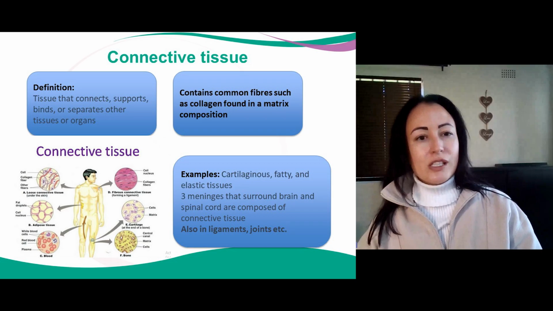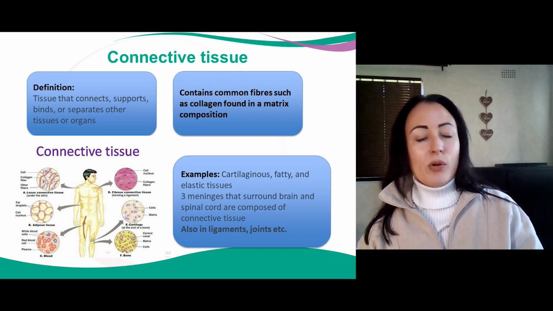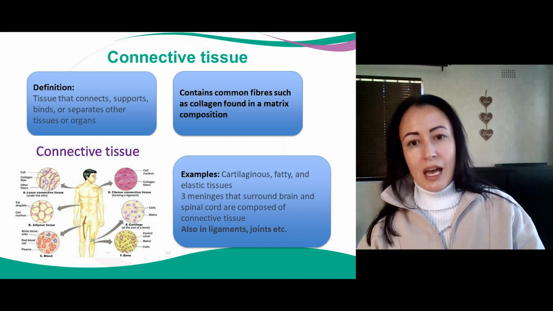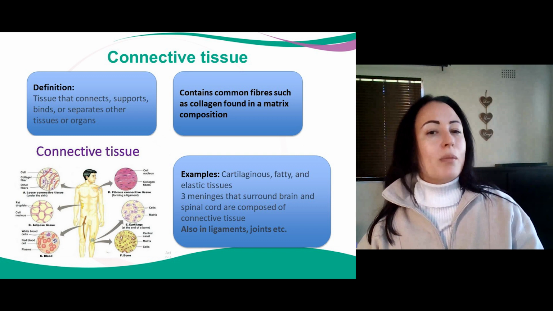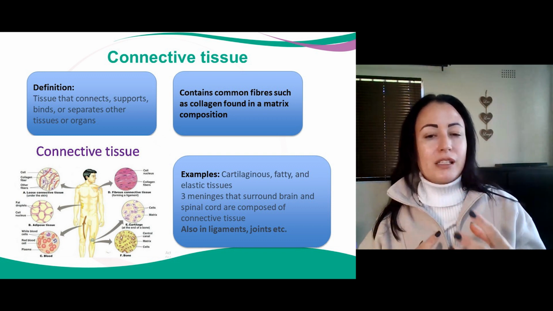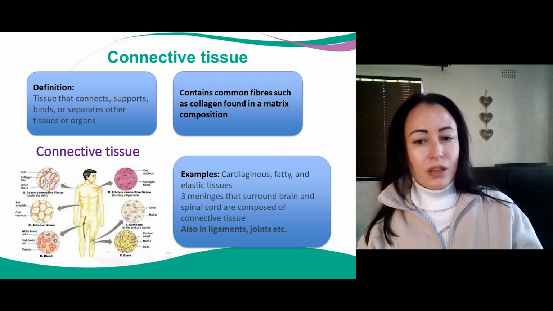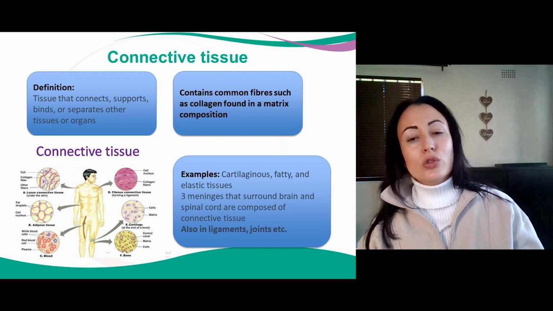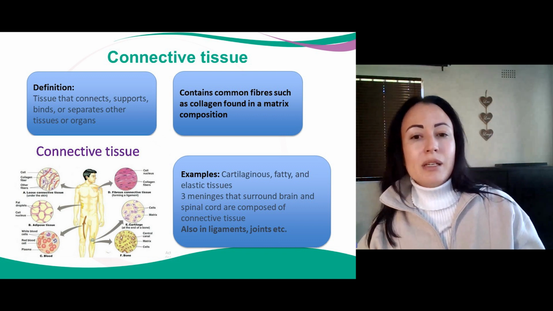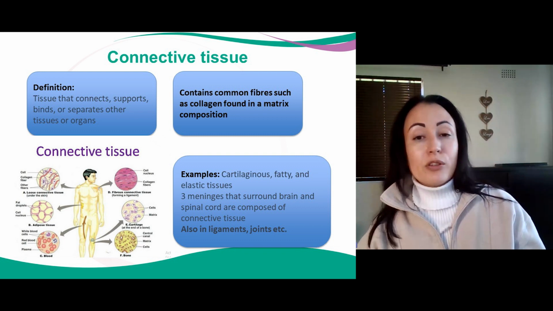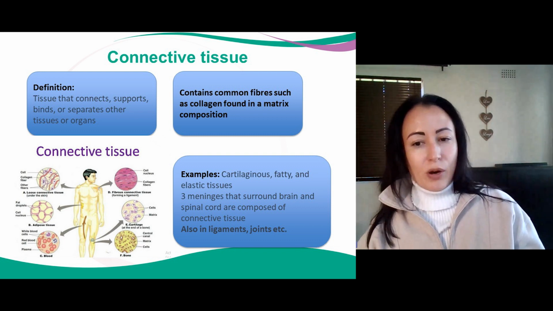Connective tissue is tissue that connects, supports, binds, or separates other tissues or organs. It contains many common fibers found in a matrix, like collagen, for example. You can find this normally at your joints, in your ligaments, basically joining different types of structures within your body.